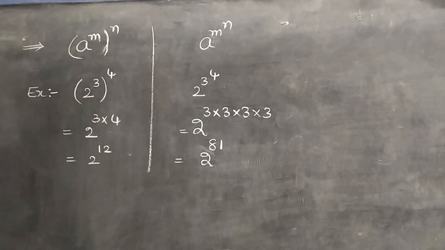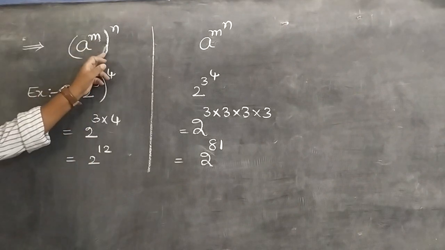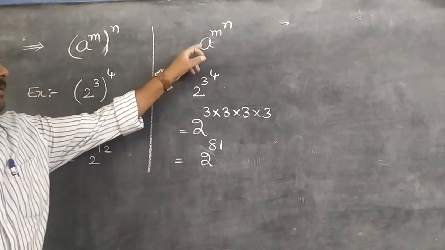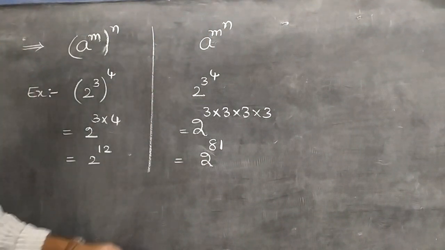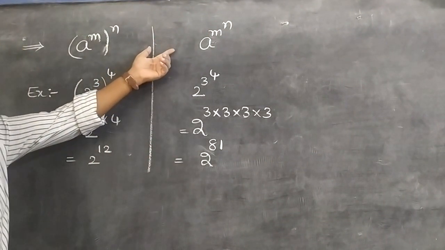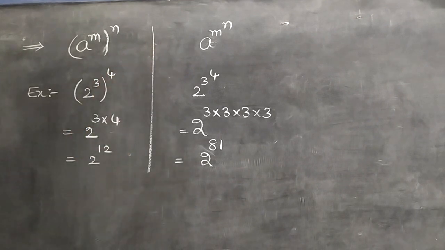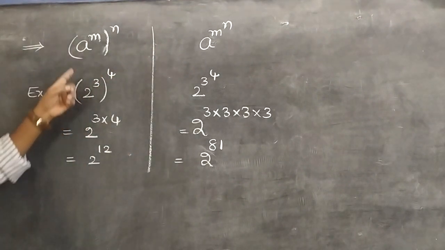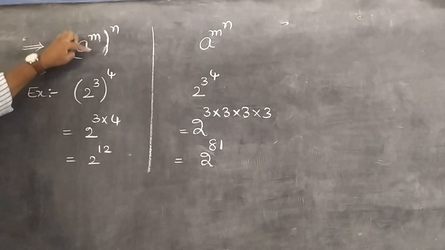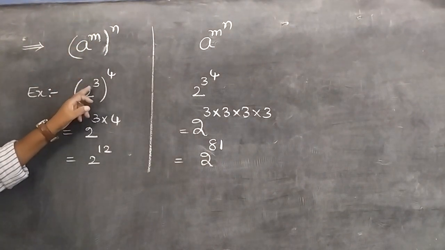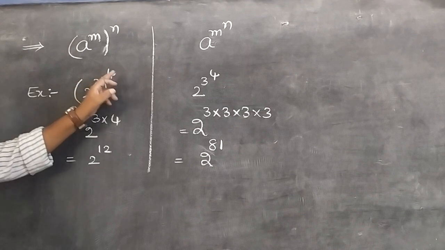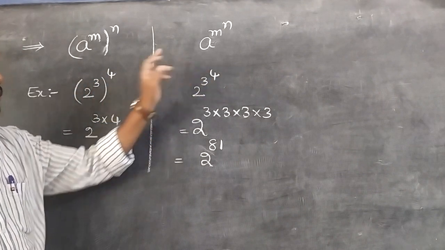Observe, students, A power m whole power n and A power m power n: which is the greater value? I will explain which is greater by taking one example. Here observe, A replaced by 2, m replaced by 3 and n replaced by 4. So 2 cube whole power 4 and 2 power 3 power 4.